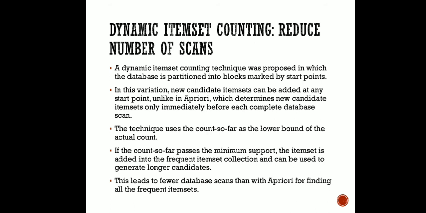But here, after partitioning the database into different blocks, we are going to mark the database by its start points. Fine. Now what this method is doing is that the new candidate item sets can be added at any start point, right?